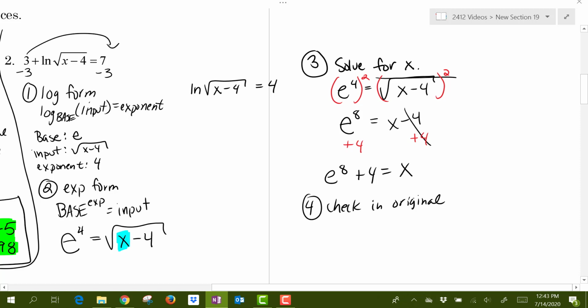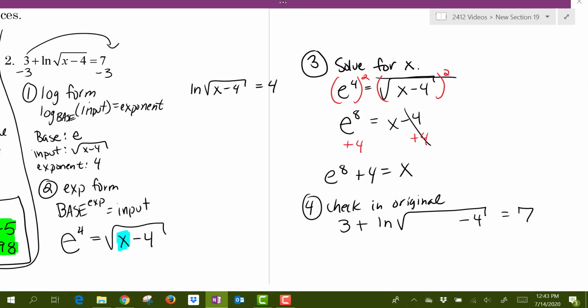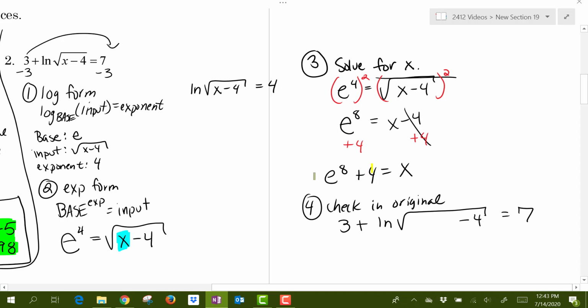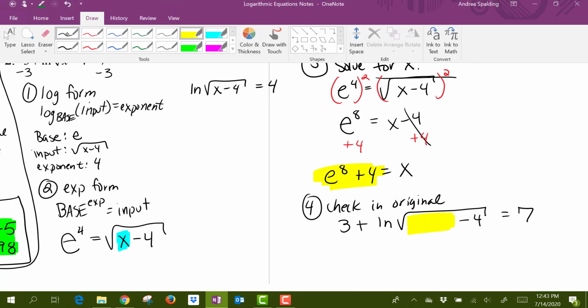Alright, we want to check our answer in the original equation. I'm going to leave a little room where x is, and I'm going to replace that x with our answer. So our answer was e to the 8th plus 4, and so that's what I'm going to put in place of x in the original equation.